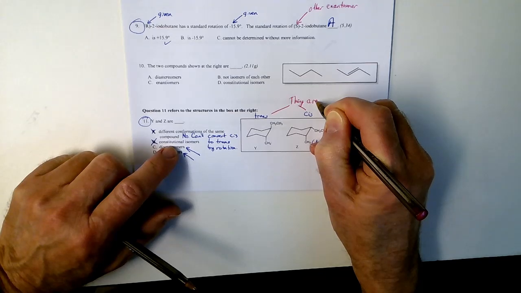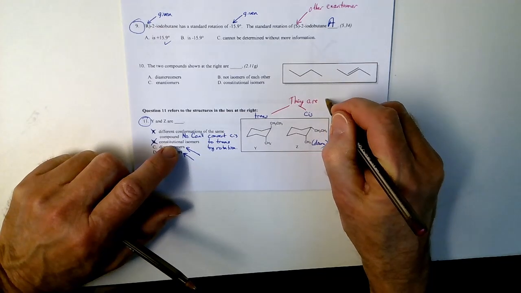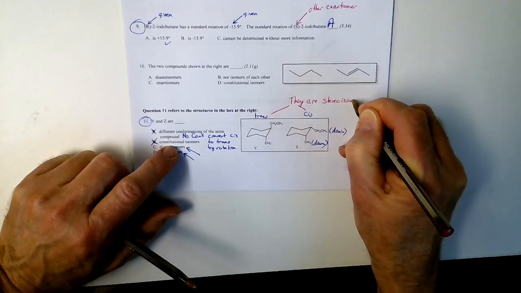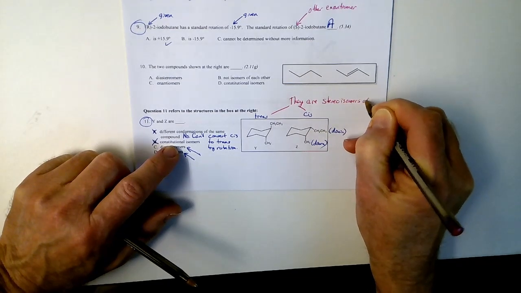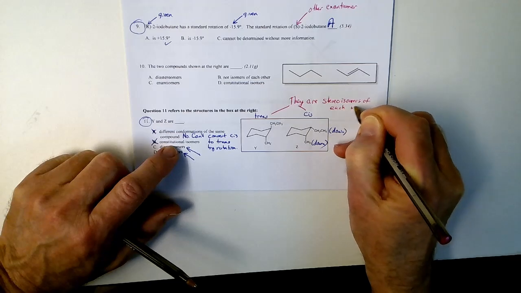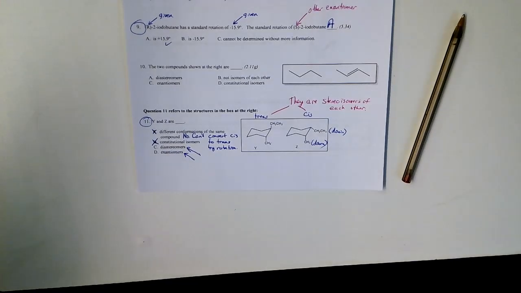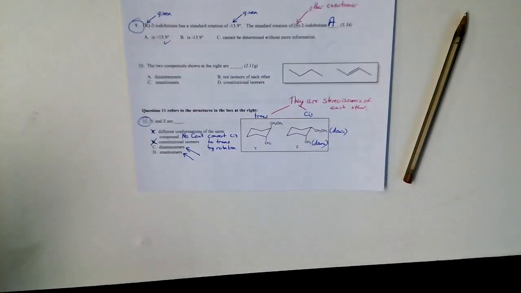So we know that. They're not constitutional isomers. They are stereoisomers of each other. Now, that's always true when you compare a cis and trans pair.